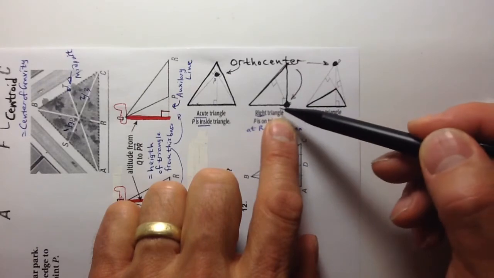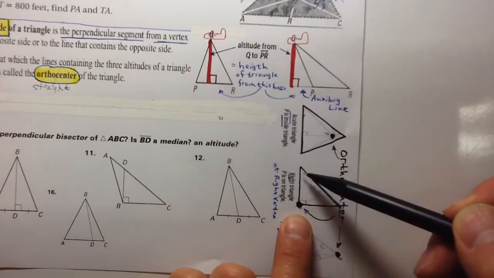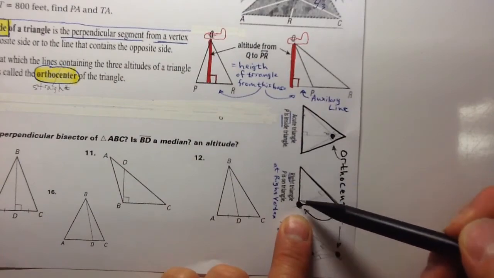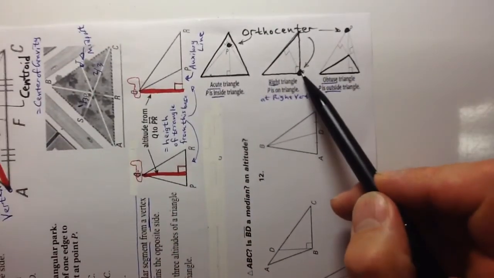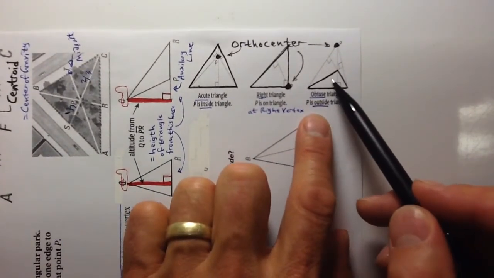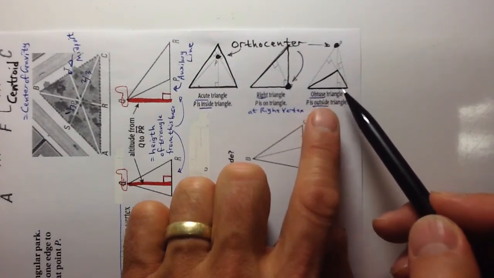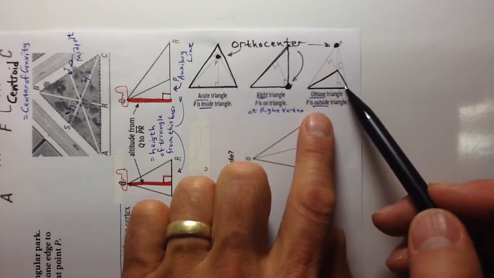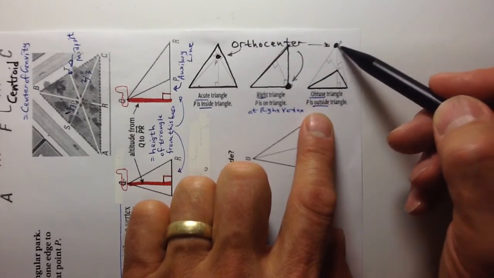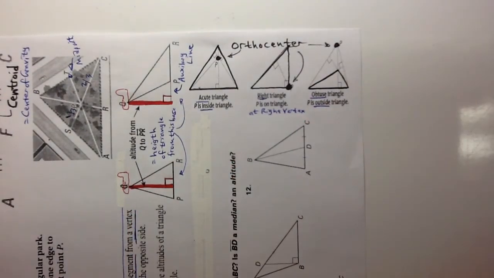If you use this as the base, and then over here, if you were to use this as the base, this side would be your height or your altitude. Okay, so your orthocenter will always be on the vertex. When you have an obtuse triangle, so what I've done is made this triangle a bit bolder so it's clearer to see, your orthocenter actually is going to be outside of the triangle.